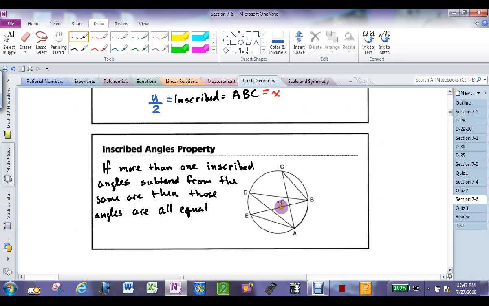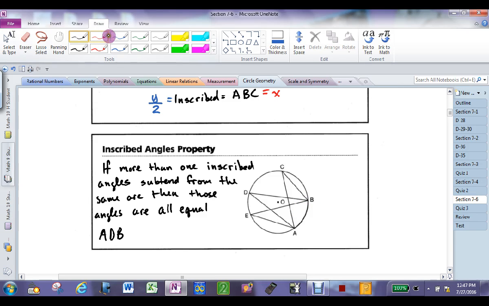So what is one of the inscribed angles in this drawing? Name one of them. ADE is not an inscribed angle. ADB is an inscribed angle. DBE is an inscribed angle, but it does not come from the same arc as this one.